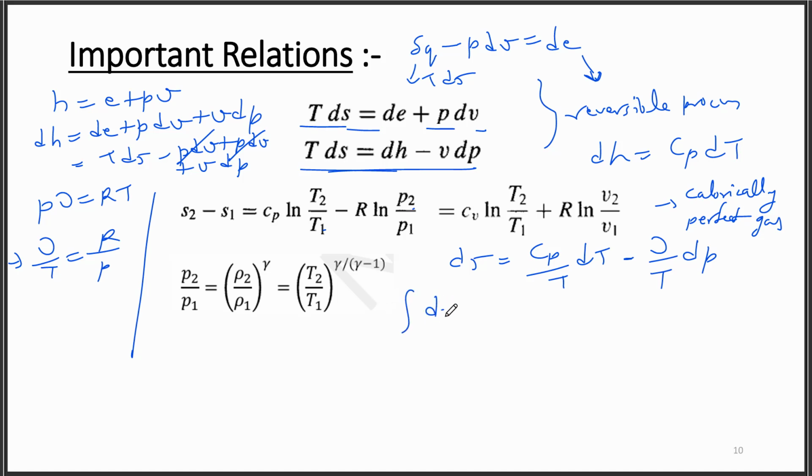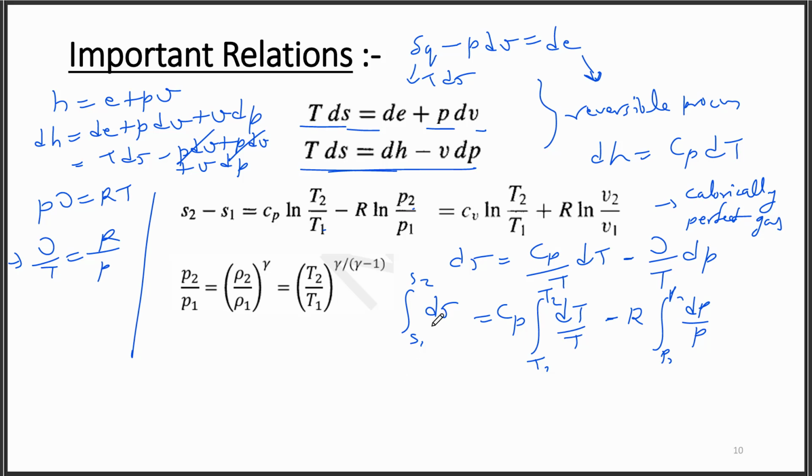So integration ds from 1 to 2 equal to Cp is constant, so we can take it out, dT upon T, T1 to T2, minus v upon T is R upon P, and R we can take out, dP upon P, P1 to P2.